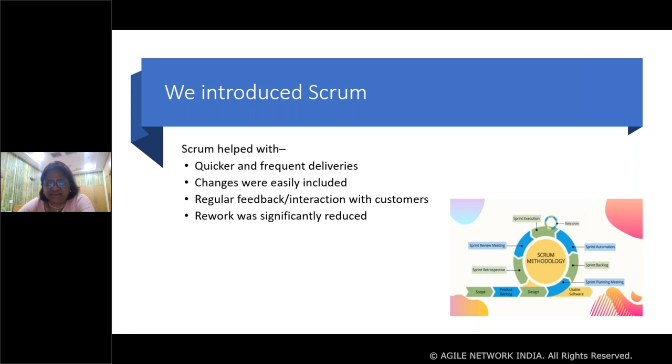Any changes the customer suggested, we were able to put into the product backlog and push into the next sprint. So it was a regular interactive session with everyone at the customer's end. And we did not have to spend a lot of time on rework, which we were doing previously. Here, what we completed once, we could mark as done and send to the customer.